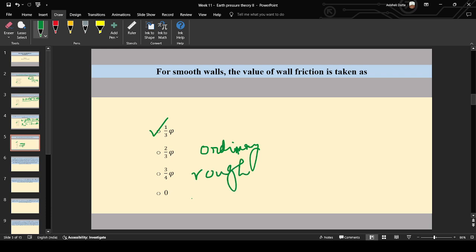And 0 is for walls subjected to vibrations from the backfill.